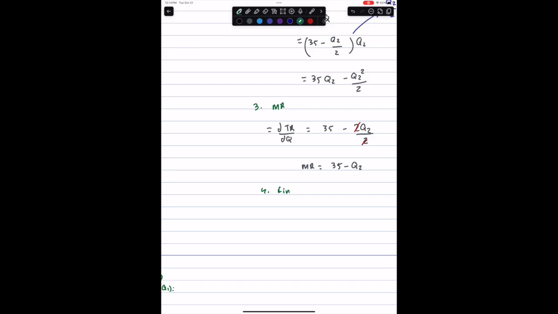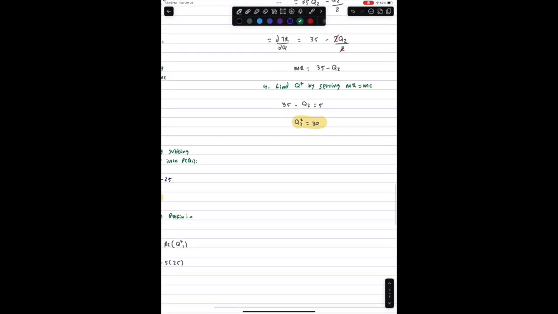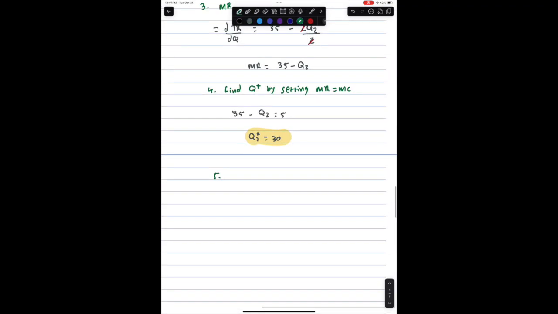Now, step 4, find Q star by setting marginal revenue equal to marginal cost, right? So we know 35 minus Q2 is equal to 5. Q2 star is going to be equal to 30. Perfect. Number 5, sub Q2 star equals 30 into our P of Q2 to find P star 2, right?